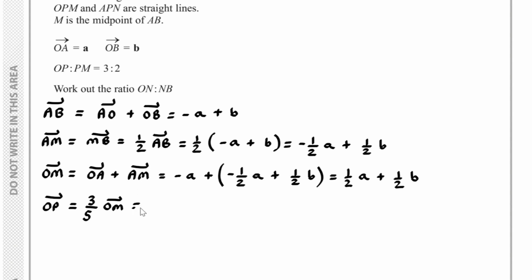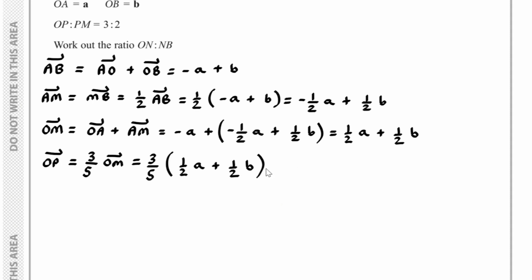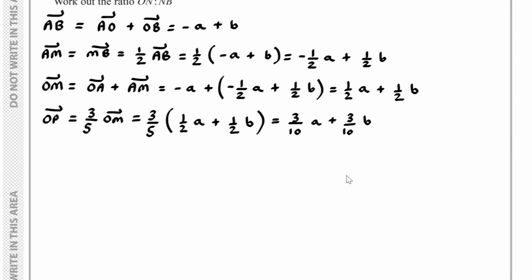So I have then 3/5 of 1/2 A plus 1/2 B. And if I work out what this is, it turns out I get 3/10 A plus 3/10 B. And what we can also do is find out what the vector PM is.